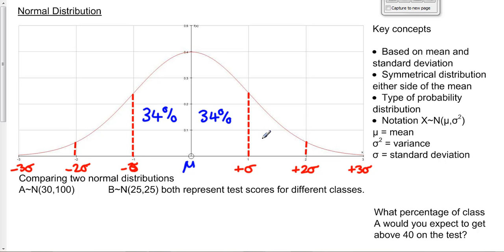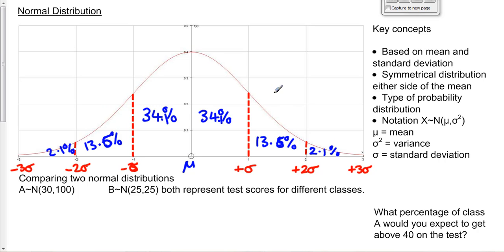This part here is 13.5%, which leaves us with our final section of 2.1% there and there. Now the actual numbers are 0.6, and as I said, 0.1 for these and 0.6 there.